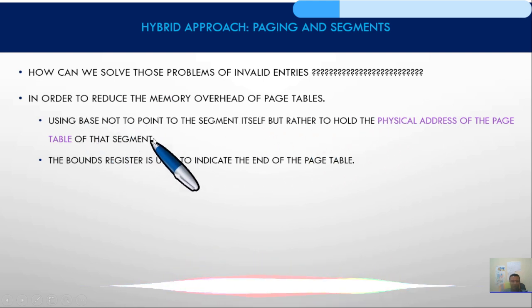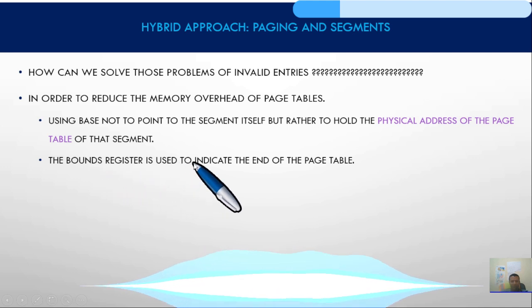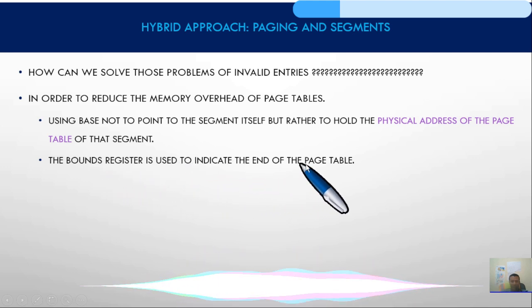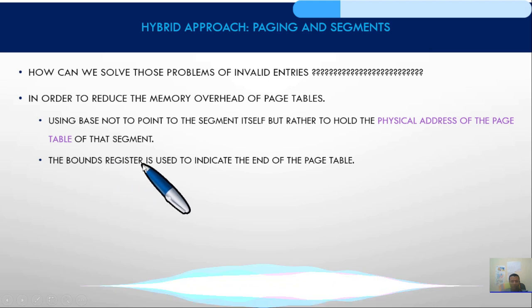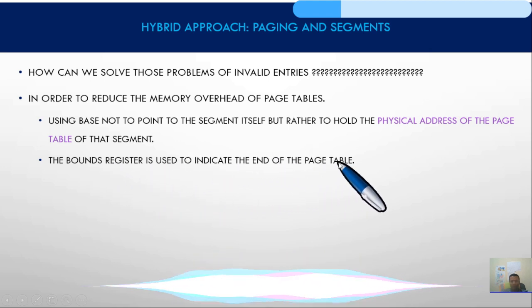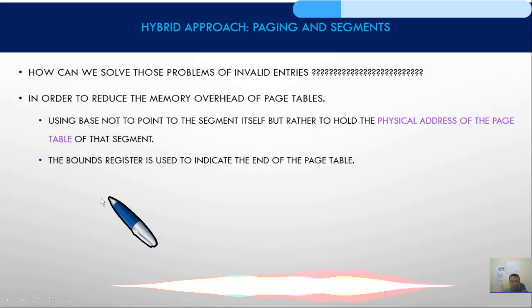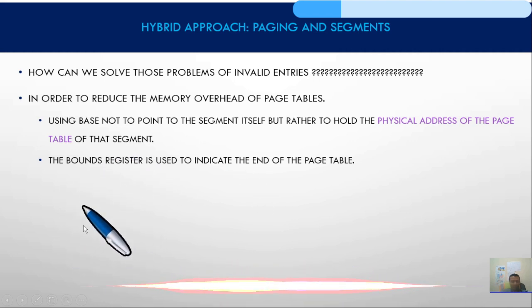This is a critical point. The bounds register is used to indicate the end of the page table. So the bounds register also points to the end of the page table, not the end of the virtual address space.